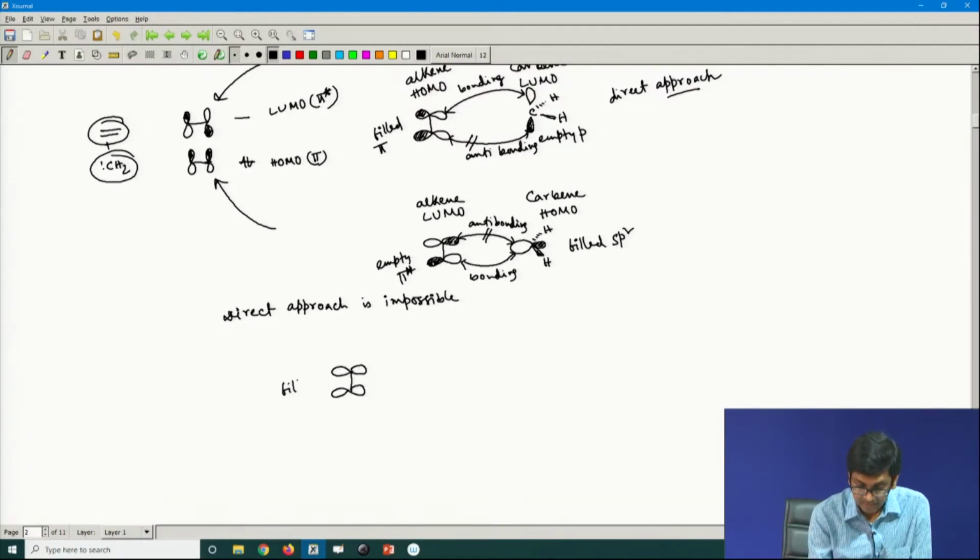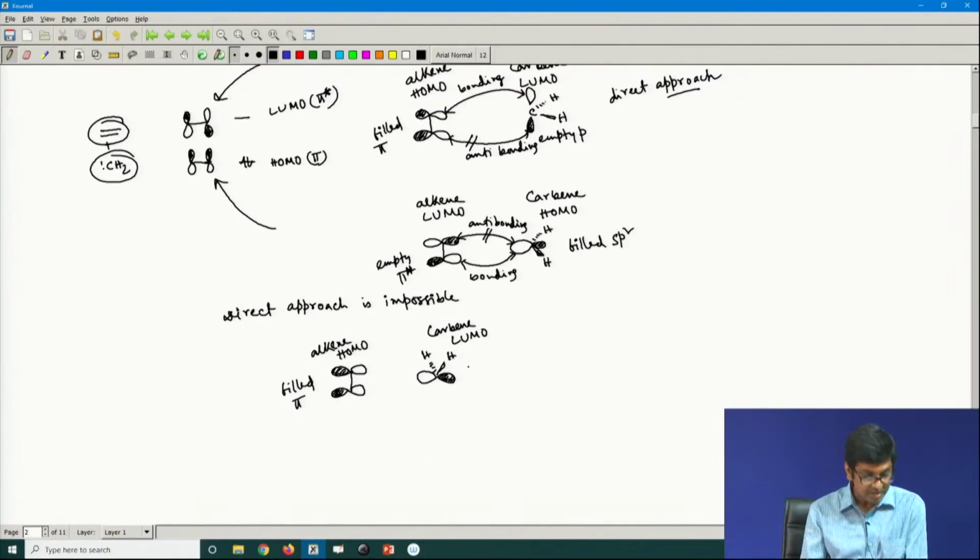This is the filled pi like earlier, this is the alkene HOMO, and this is the carbene LUMO. In this case this is the empty p orbital.